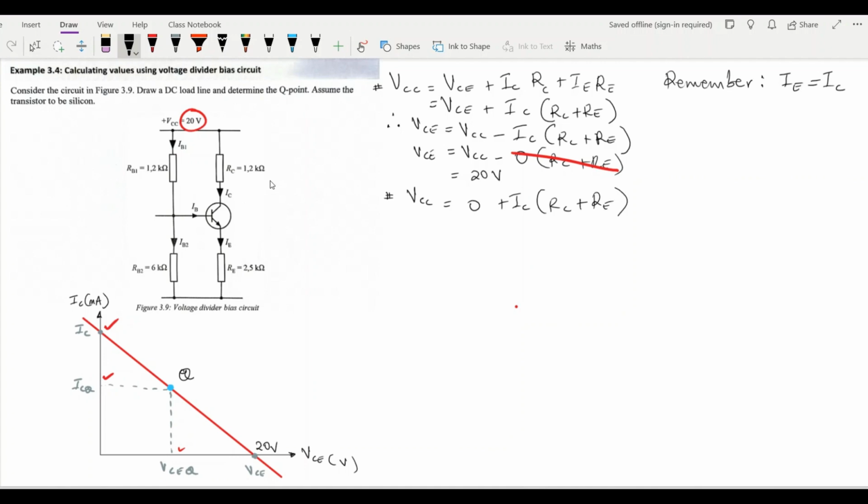Then we need to make IC the subject of the formula. Therefore, IC will be equal to VCC divided by (RC plus RE). Now we substitute that. VCC is equal to 20, divided by, what is the value of RC? The value of RC is 1.2.